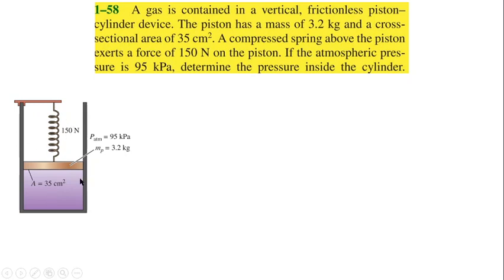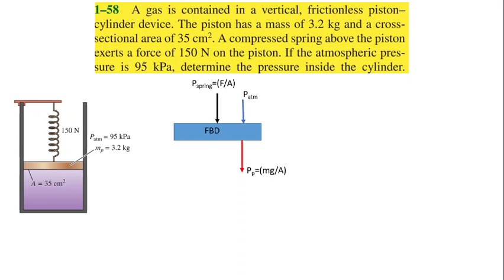We have our spring, the weight of the piston, and if we look at the piston free body diagram, these are all the pressures involved: pressure of the spring, atmospheric pressure, pressure due to the weight of the piston, and the pressure of the gas inside the cylinder, which will be equal to the three elements of pressure. So this is our formula used, and if you can do it in a short way, it's up to you. If not, try to do it individually, get the individual pressures, then sum them up.